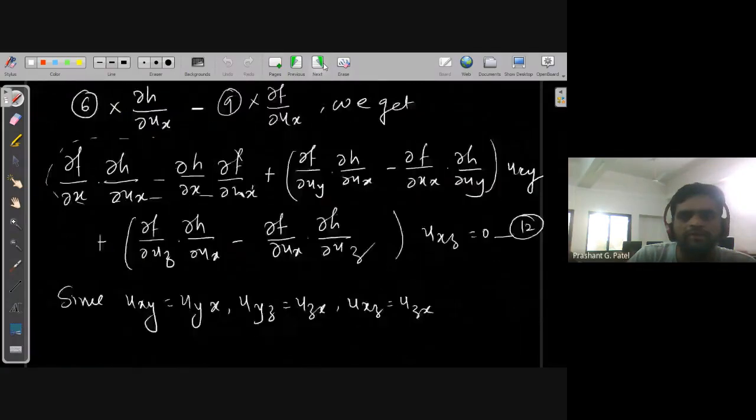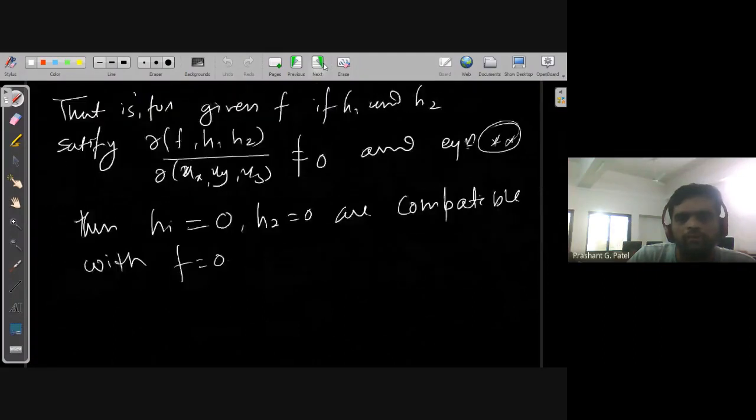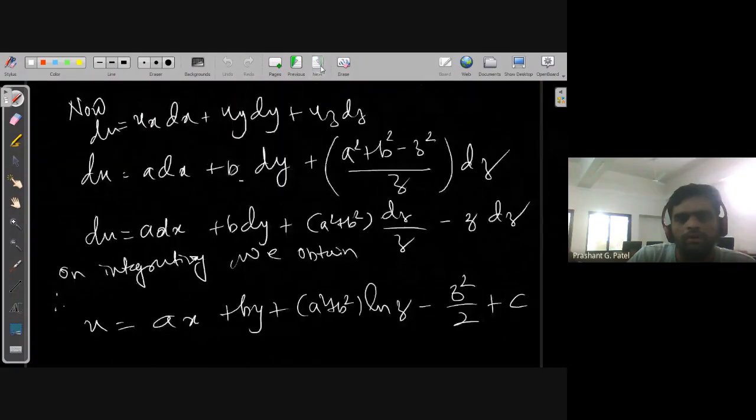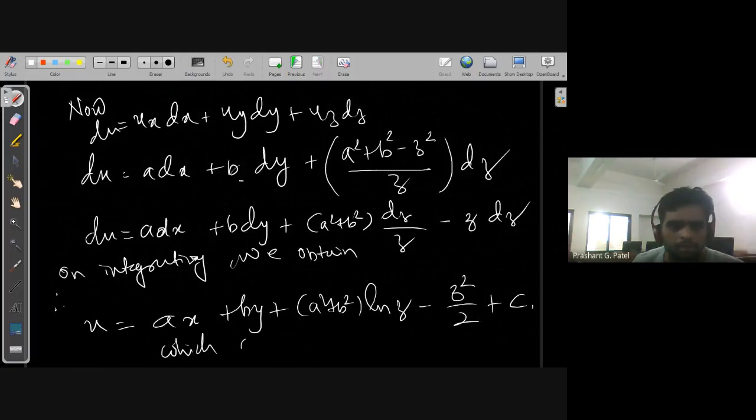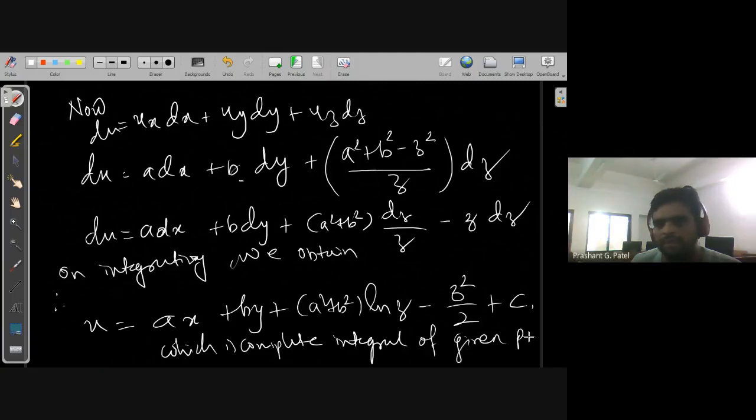So that's why this is a complete solution, which is a complete integral for the given PDE. Let us solve one more example.